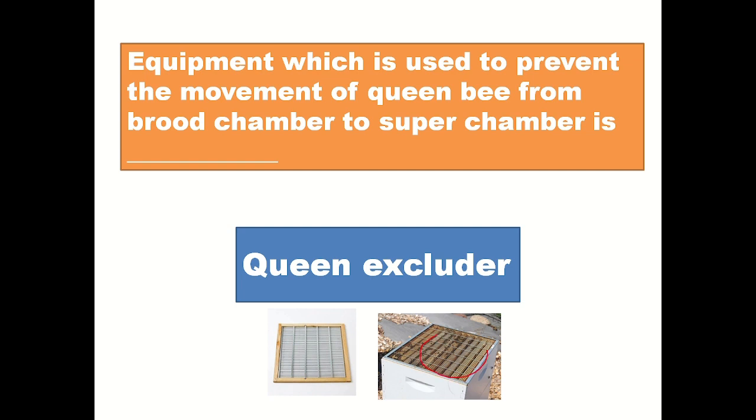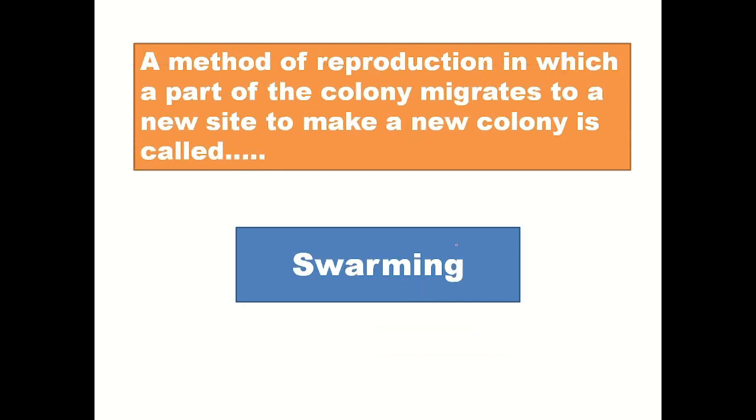Equipment which is used to prevent the movement of queen bee from brood chamber to the super chamber is known as queen excluder. A method of reproduction in which a part of the colony migrates to a new place to make a new colony is known as swarming.